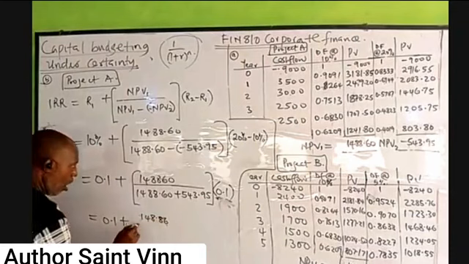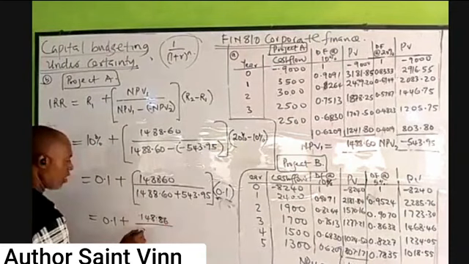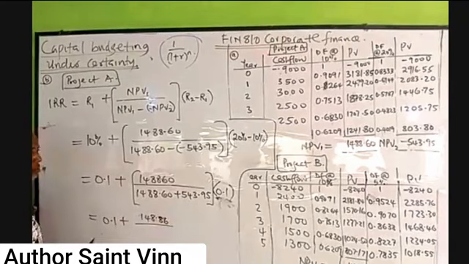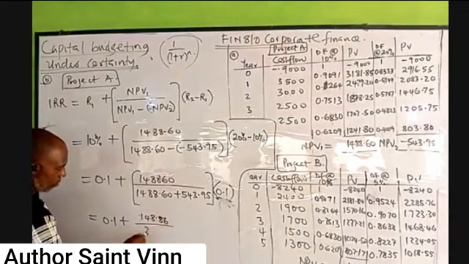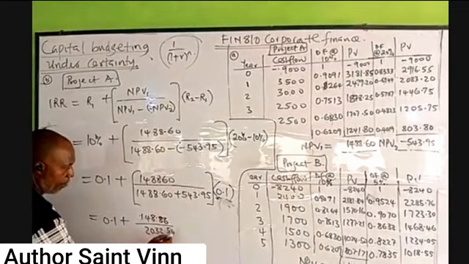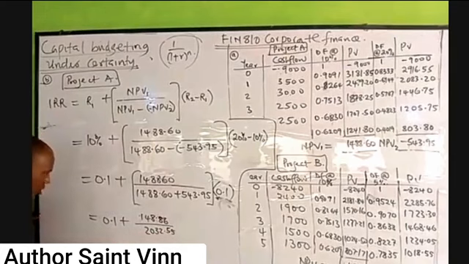Okay. All over, the addition of this numerator is what? This plus this: 20.55. Okay. Somebody help us divide this.